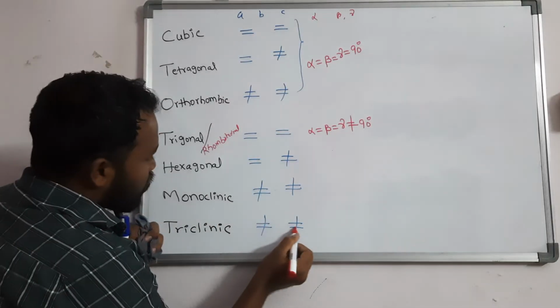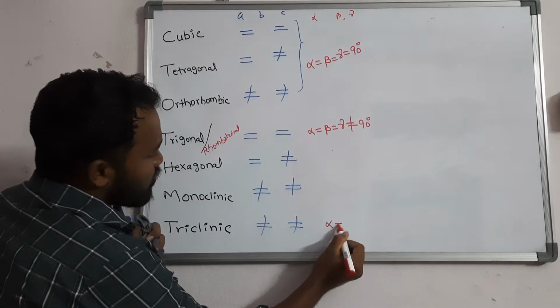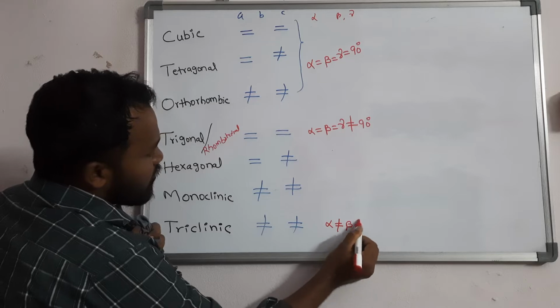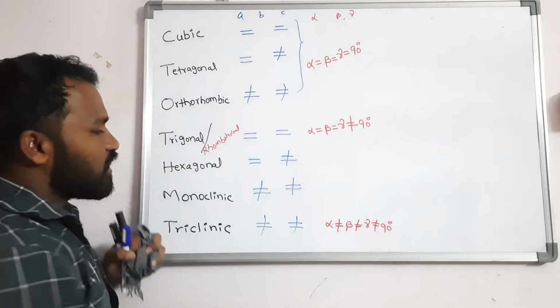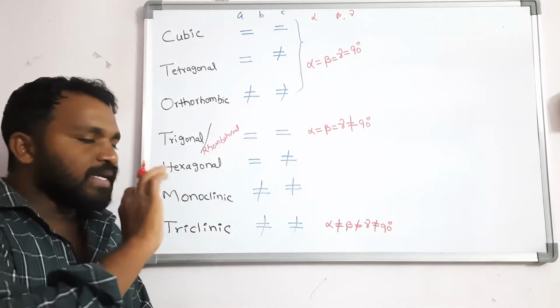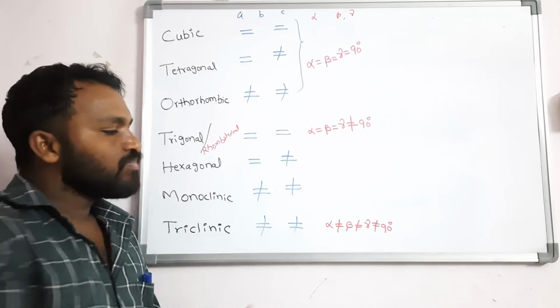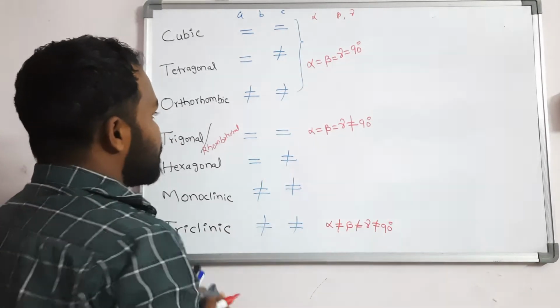And if I am talking about the last one, alpha is not equal, beta is not equal, gamma not equal to 90. All are not equal. If in the question they ask what triclinic means: A not equal to B not equal to C and alpha not equal to beta not equal to gamma not equal to 90.